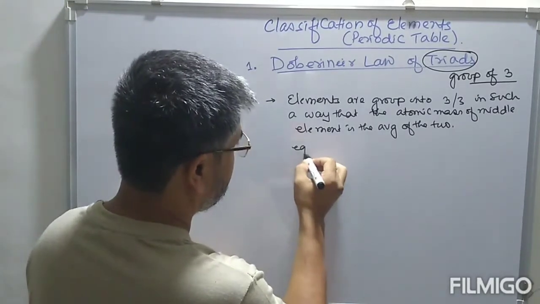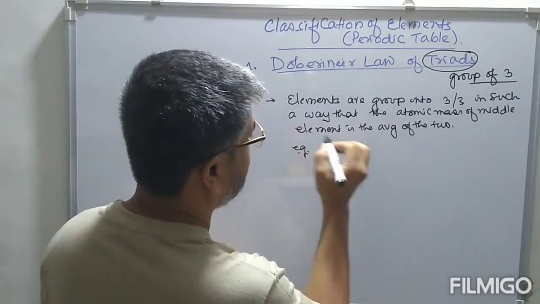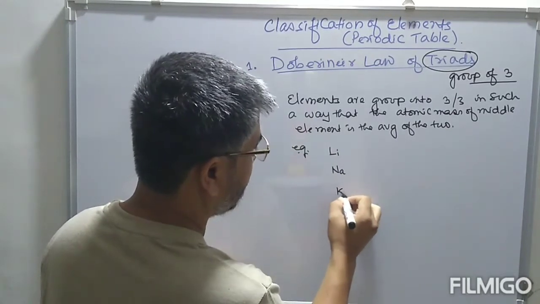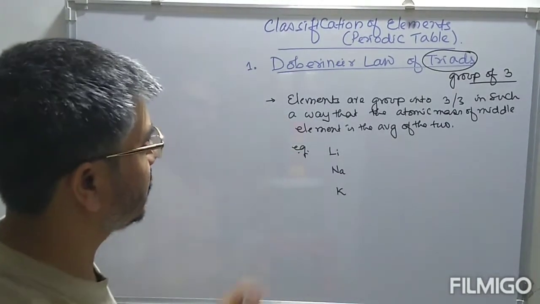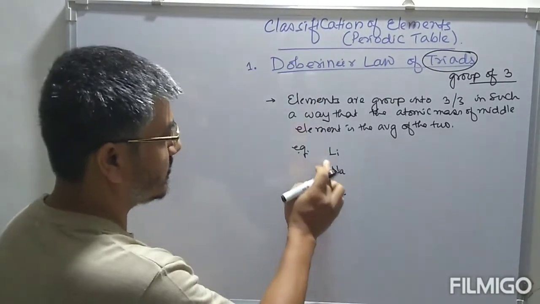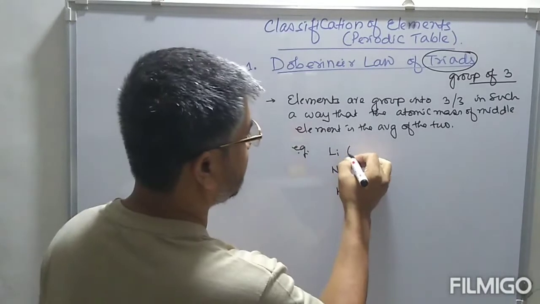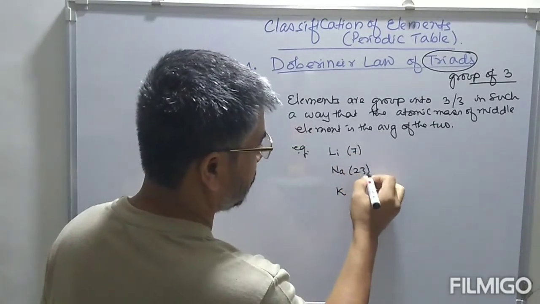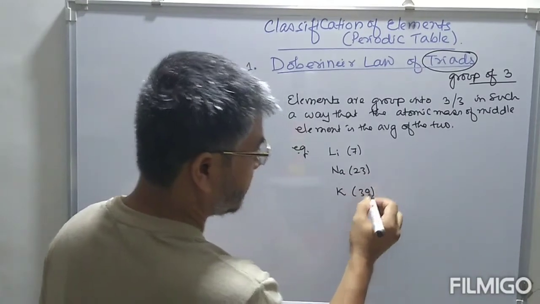Look at this: lithium, sodium, and potassium. So we classify these elements into these three groups. Lithium's atomic mass is 7, sodium 23, potassium 39.